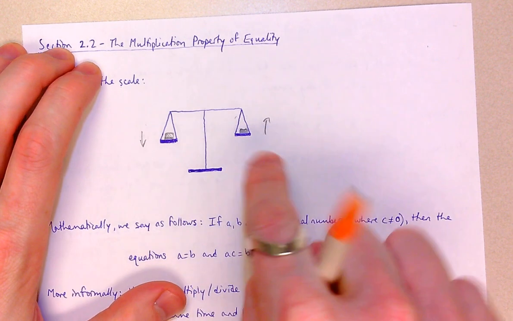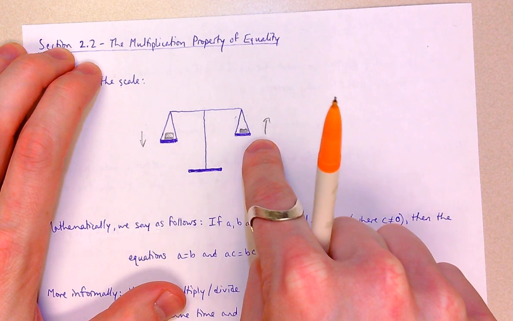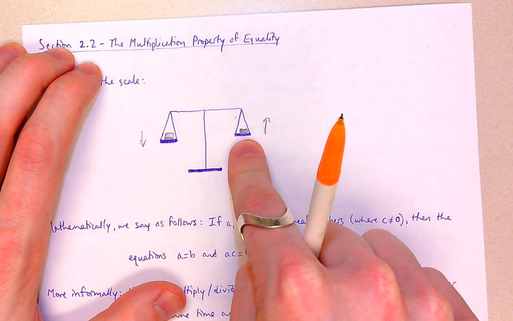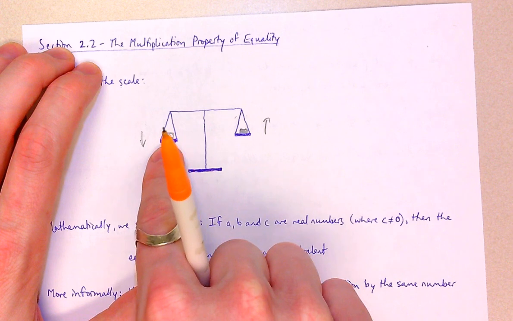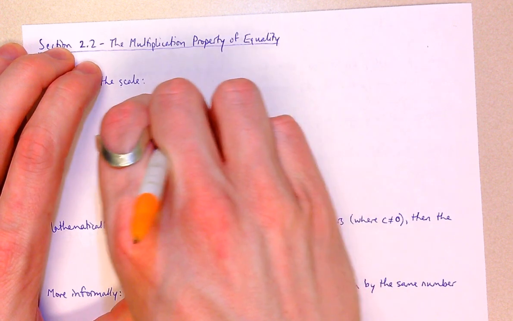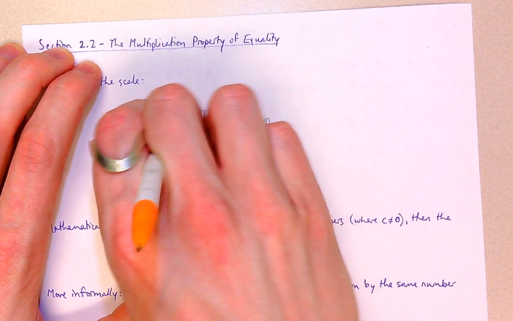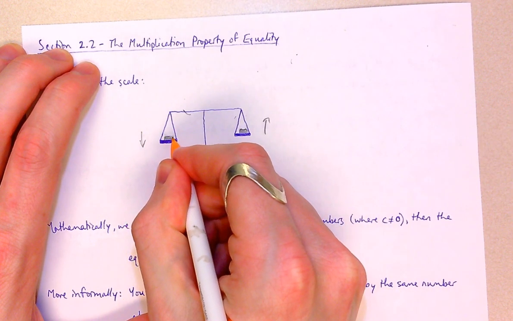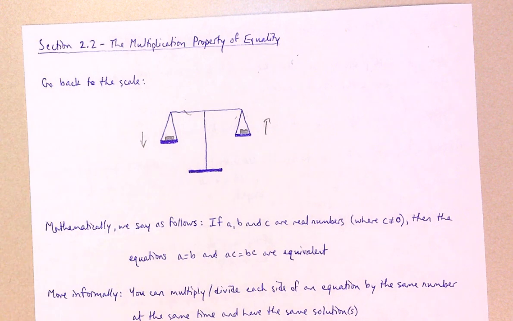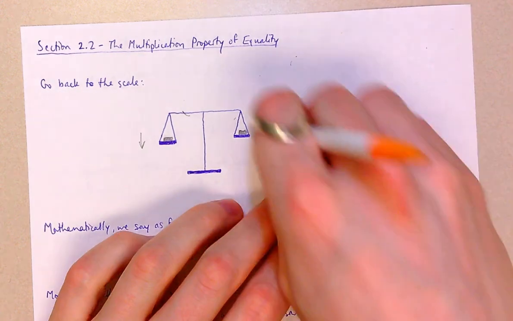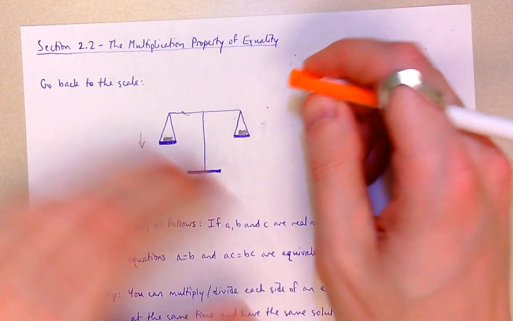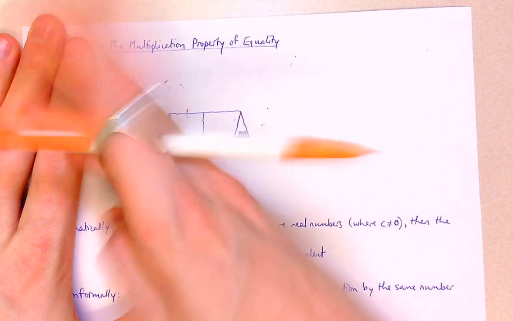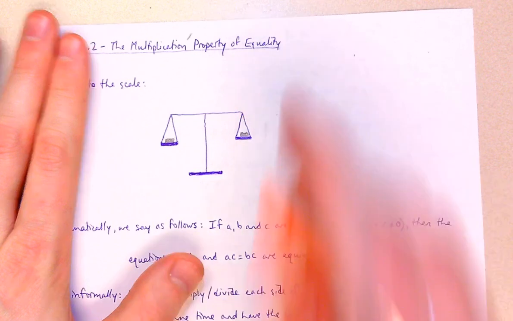So what I did to one side, that is to say, took off half of the weight that I had, I have to take off half of the weight that I have on this side as well. So now things are balanced, now things are equal, and we don't have one side being higher or lower than the other.